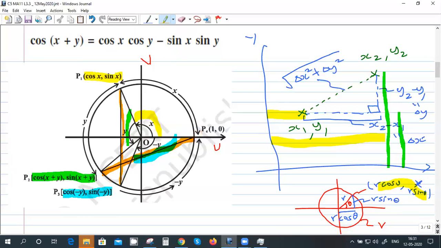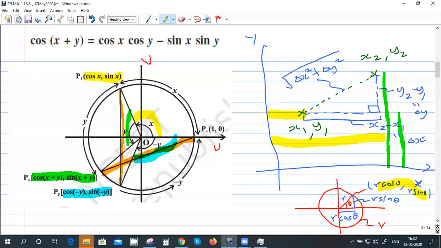The first orange line is between P1 and P3. The length P1P3 should be the same as length P2P4. Also, P1P3 squared should be the same as P2P4 squared. Equal lengths mean the squares are also equal, like if x equals y then x squared equals y squared.